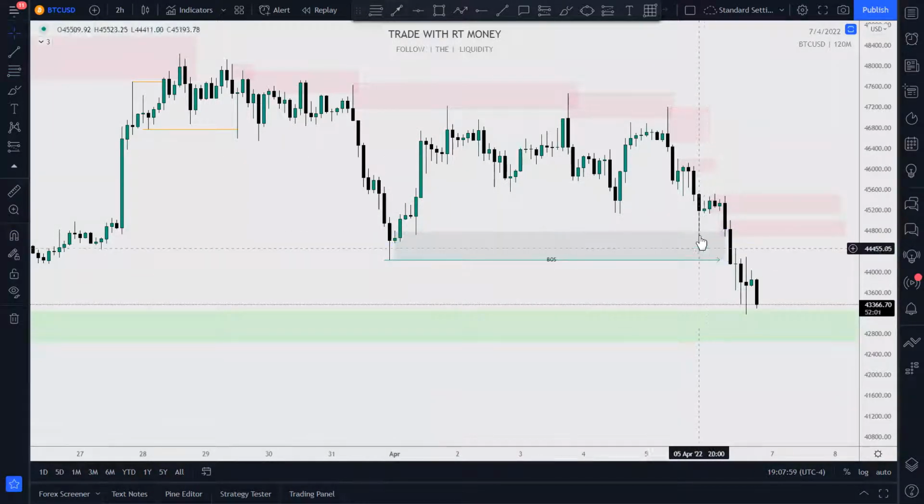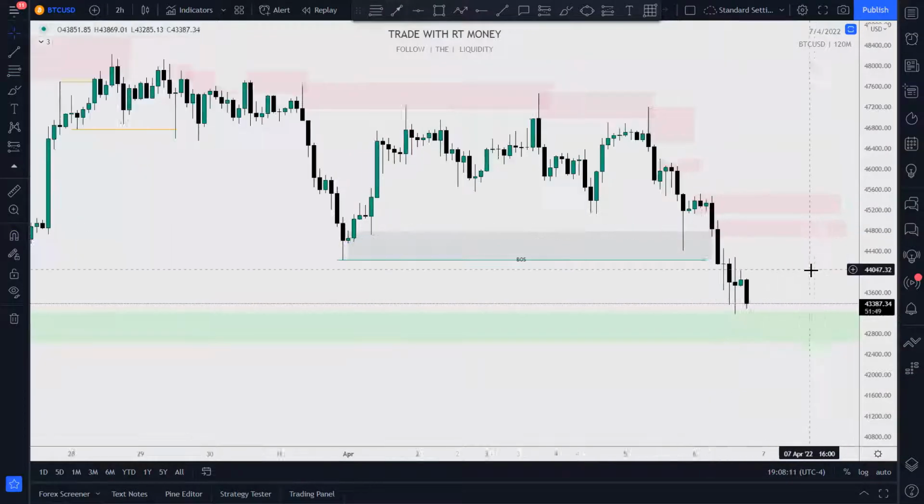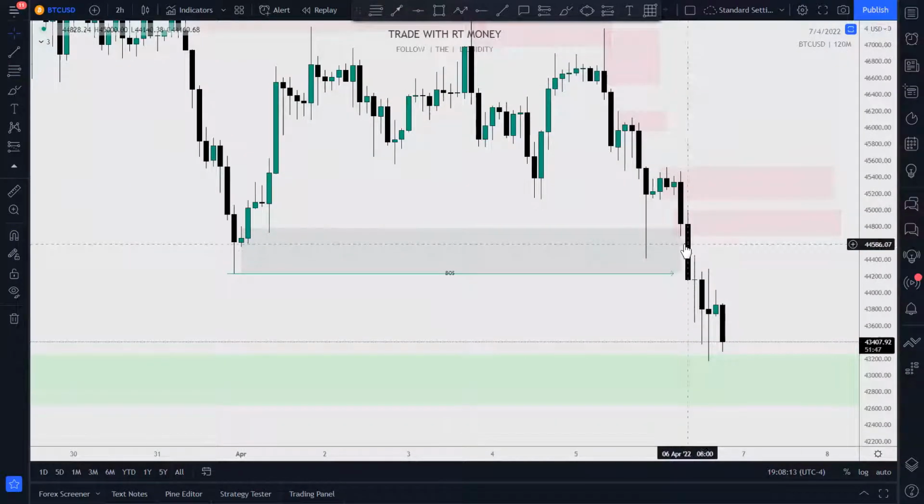Price comes down to it, reacts. I record that reaction, this range of price. You see that inside candle again. All right, and price comes down to it again, and very subtly we see this reaction from the bottom of this wick to the top of that wick. That is a buy to sell wick.